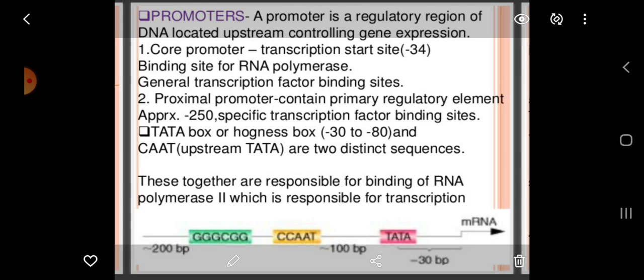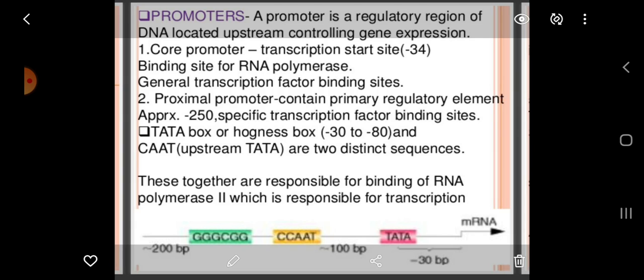Now we have the TATA box, also known as the Hogness box, which is upstream -30 to -80 base pairs, and the CAAT box, which is also upstream. The TATA box and CAAT box are two distinct sequences.